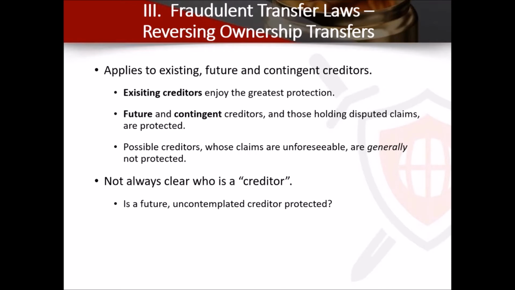We no longer had any exposed assets. Well, the actual law doesn't really care. It says, if you became a future creditor and those assets were transferred in that way, you have a claim.